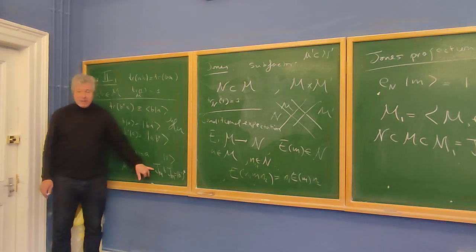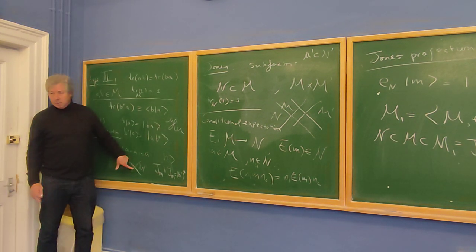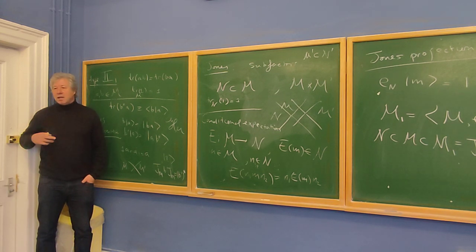But there's also the J. The J is the thing that reflects here in this way. I was confused. I thought that M prime would be sitting inside M, and not the other way around.